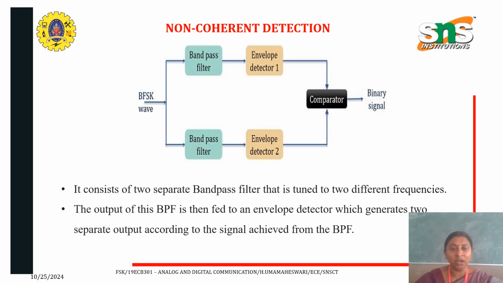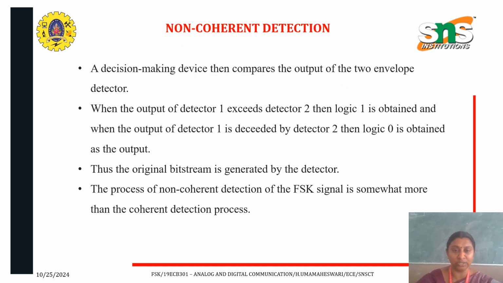In non-coherent detection, instead of an integrator, we have an envelope detector. The outputs of those two envelope detectors are given to the comparator and we finally achieve the binary signal. A bandpass filter is used here in order to tune to two different frequencies, and it is fed to the envelope detector, which generates output according to the signal passed by the filter.